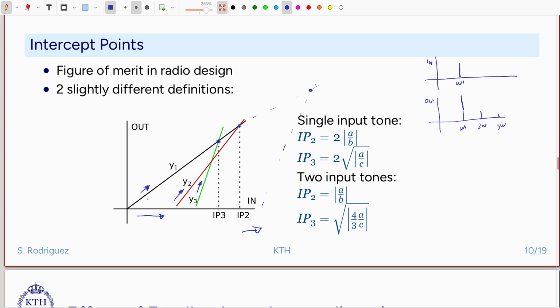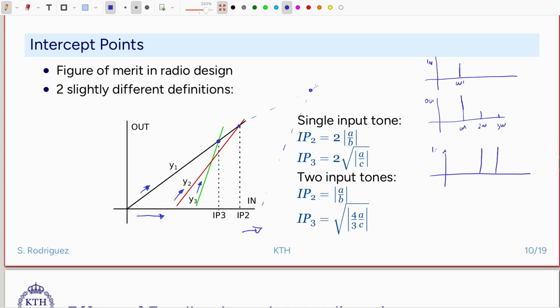So we typically use this in radio applications, and also, as mentioned before, in radio applications it is very important to see what happens when we have two tones.